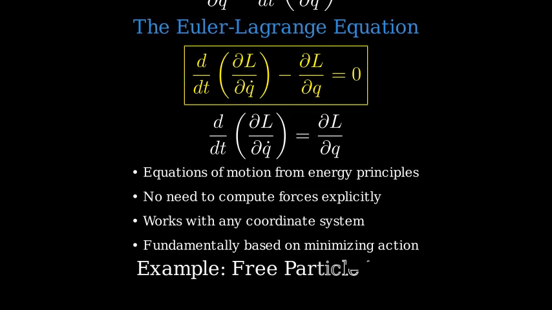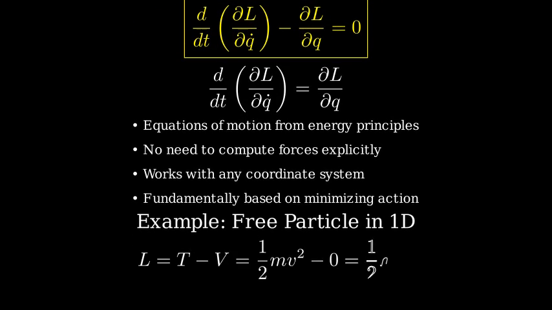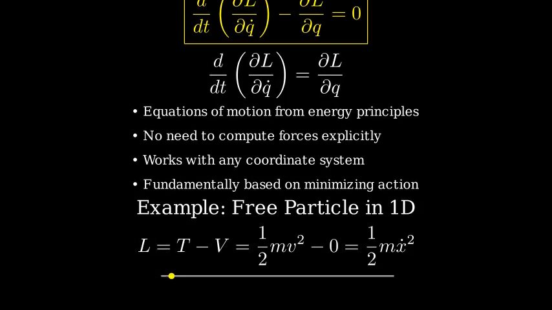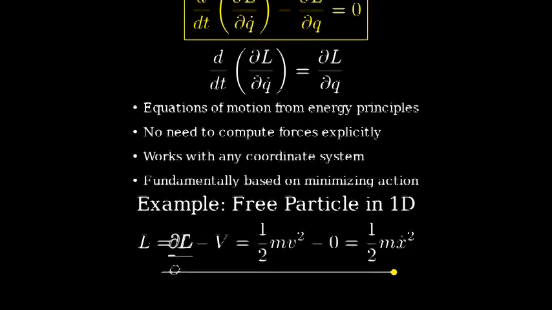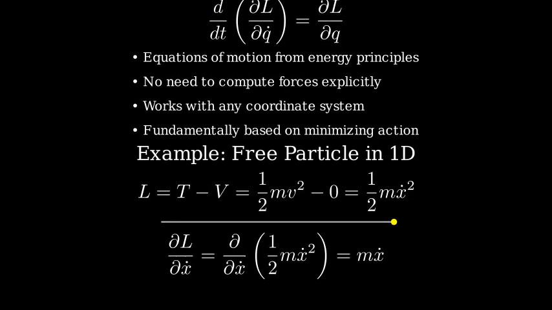Consider a free particle moving in one dimension. The Lagrangian is just the kinetic energy, since there's no potential energy. So L equals 1/2 m v squared, or 1/2 m x dot squared. To apply the Euler Lagrange equation, we first compute the partial derivative of L with respect to x dot. This gives us m x dot.